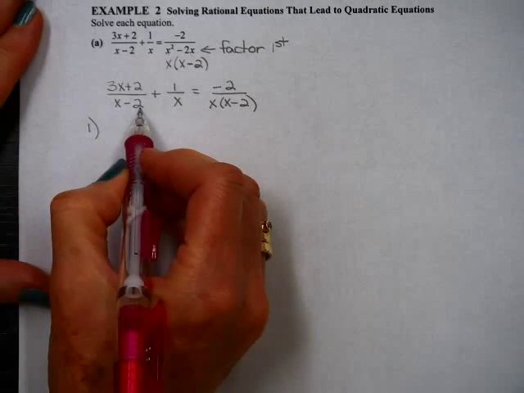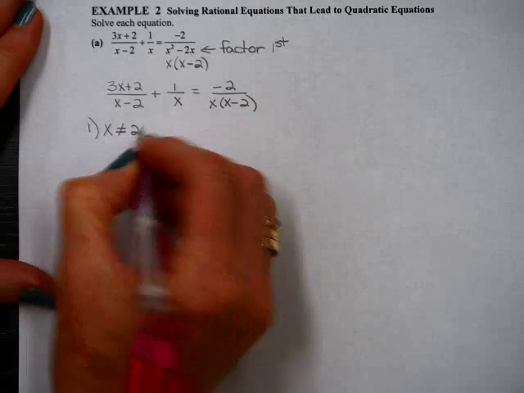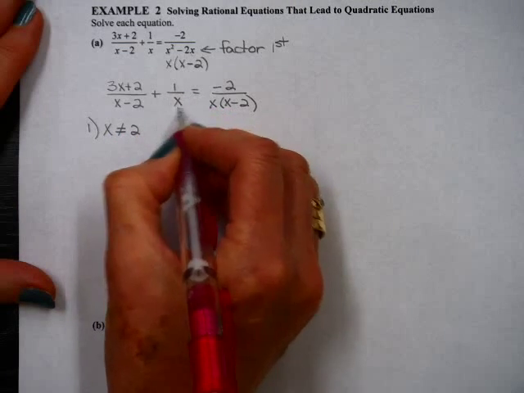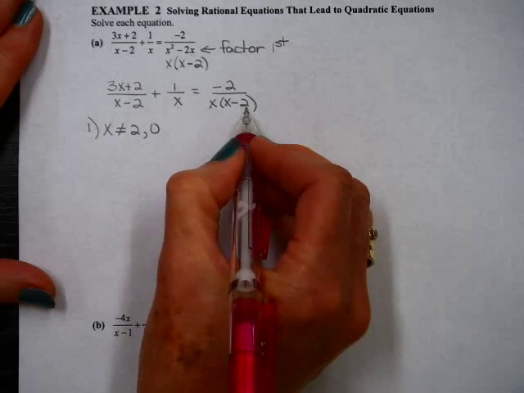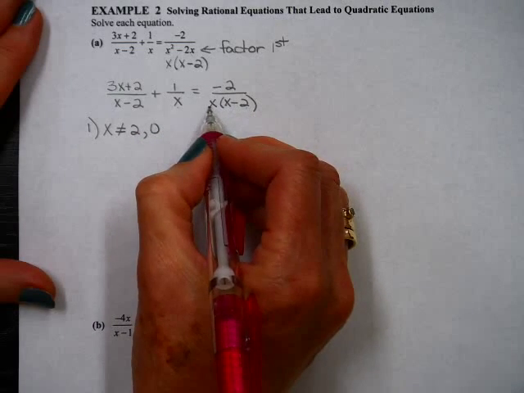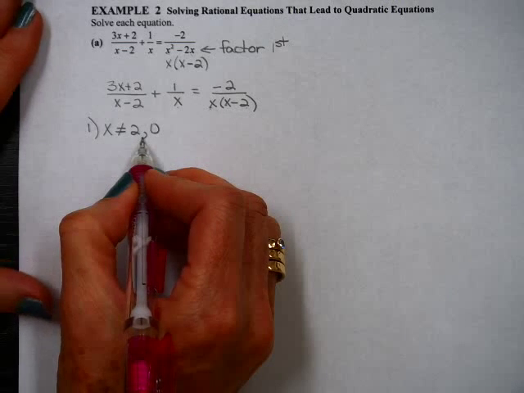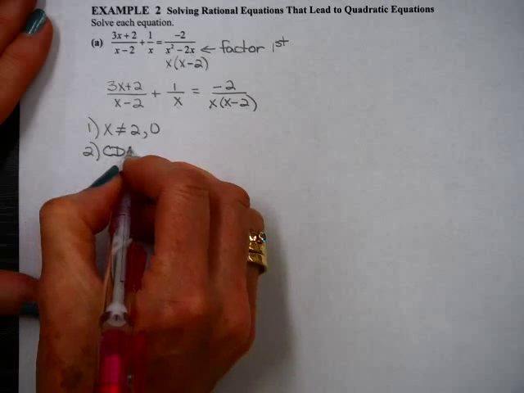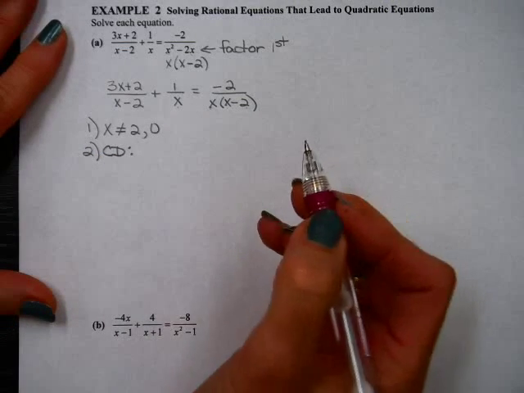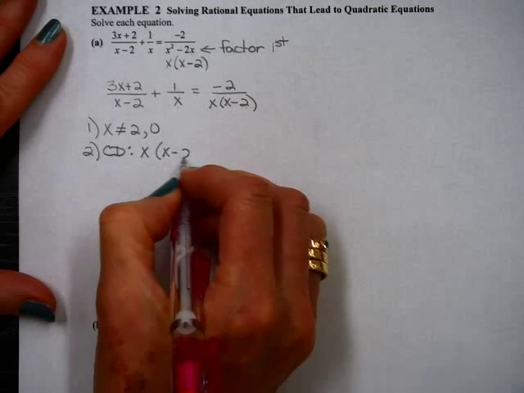For this right here, x minus 2, we know x cannot be 2. 1 over x, right here, we know that x cannot be 0. And for this one, we know that x can't be 0 and x can't be 2 also, so these are our restrictions. The next thing we need is our common denominator. Our common denominator is x and x minus 2.